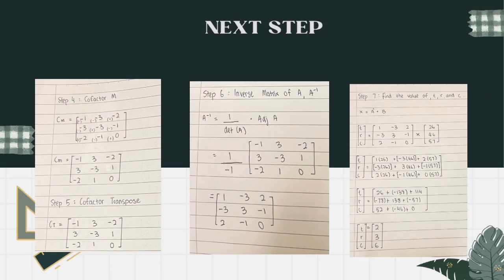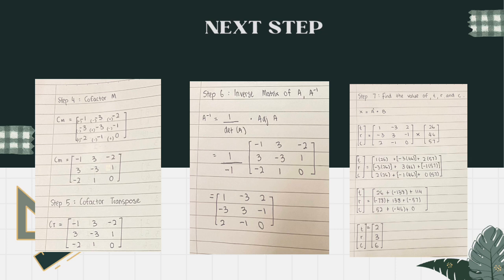Next, step 4, we use the cofactor signs on M: plus minus plus, minus plus minus, plus minus plus. We will get the matrix [-1 3 -2; 3 -3 1; -2 1 0]. Step 5 is transpose the matrix. We will get the matrix [-1 3 -2; 3 -3 1; -2 1 0].